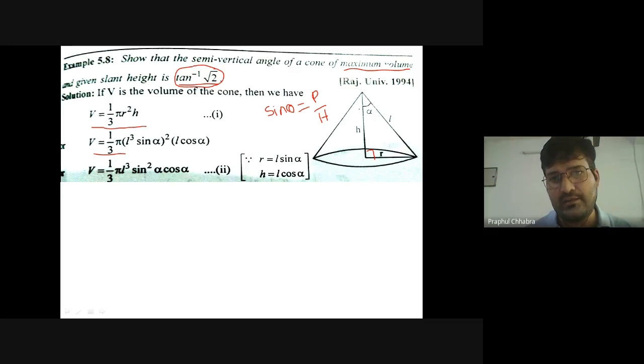So this is the angle. So sine alpha will be perpendicular, that is R, upon hypotenuse, that is L. So R upon L is equal to sine alpha. So R will be L sine alpha. So put R is equal to L sine alpha here.